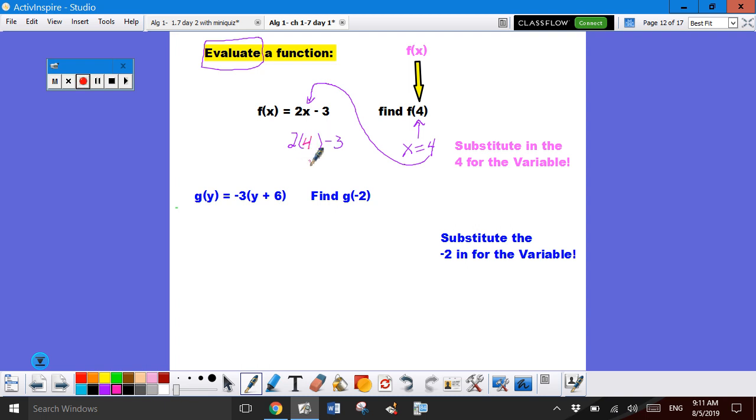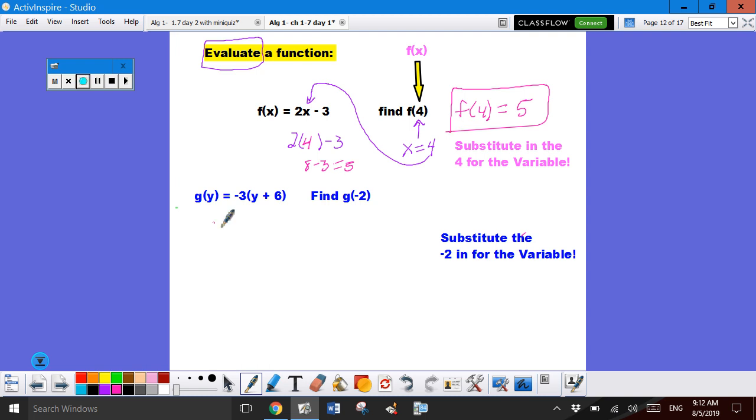So 2 times 4 is 8, 8 minus 3 is 5. Okay? So my solution to this problem would be f of 4, which means I put in 4, and that equals my solution of 5. So this is the best notation to write your answer in. Okay? Tells me what I substituted in and tells me what the solution was.